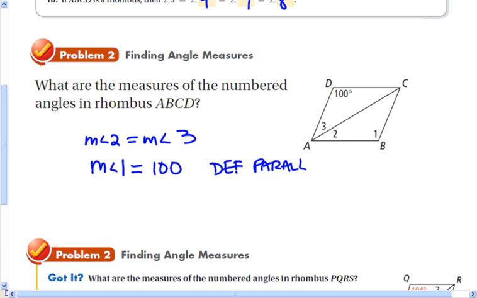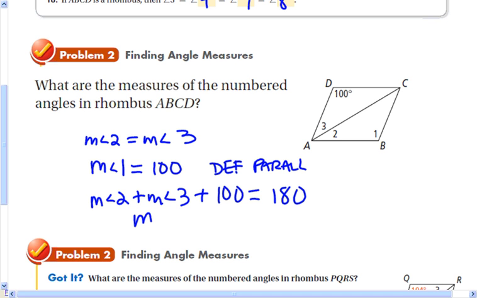And so we now know that the measure of angle 2 plus the measure of angle 3 plus 100 is equal to 180 because it's a parallelogram. And any two consecutive angles in a parallelogram are supplementary.